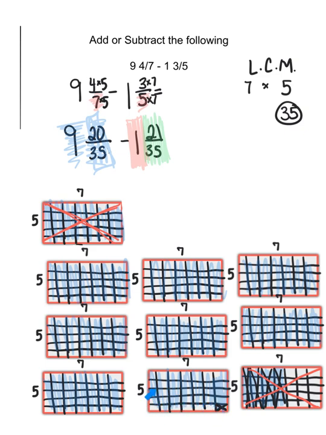So 34 out of 35 of this is left and needs to be included in my difference. And that leaves us with how many wholes? 1 whole, 2 wholes, 3 wholes, 4 wholes, 5 wholes, 6 wholes, 7 wholes, and most of this 8th whole. 34 out of 35 pieces.